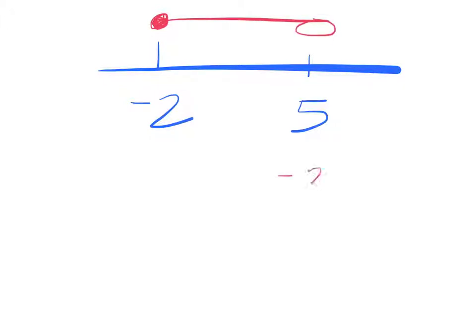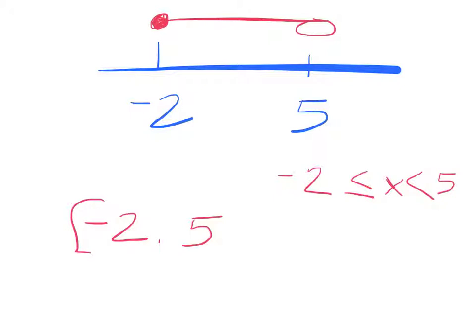So we're really dealing with numbers from negative 2 less than or equal to our number, less than positive 5. In interval notation, we're just going to write from negative 2 to 5. We put a bracket around the negative 2 and a parenthesis around the 5. This is because the negative 2 is included, but the positive 5 is not.